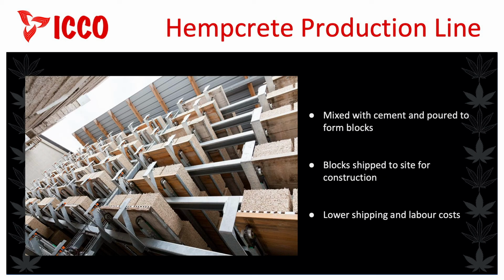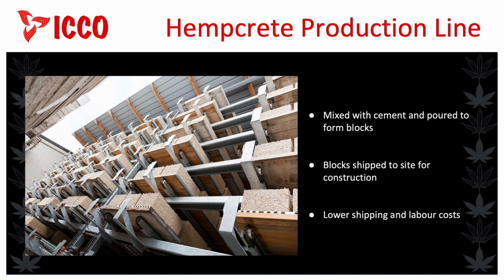There are a few approaches to the Hempcrete process. The fiber can be shipped to the building site and be mixed on-site as the Hempcrete is being poured. The fiber could be mixed with the cement at the processing plant and arrive on-site, already integrated into the mixture.